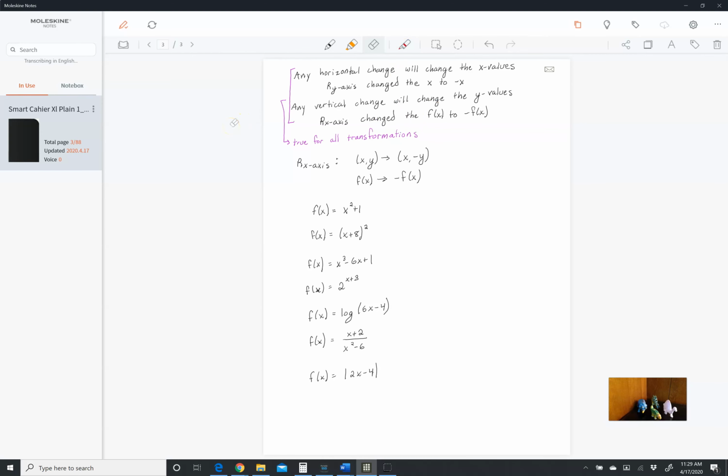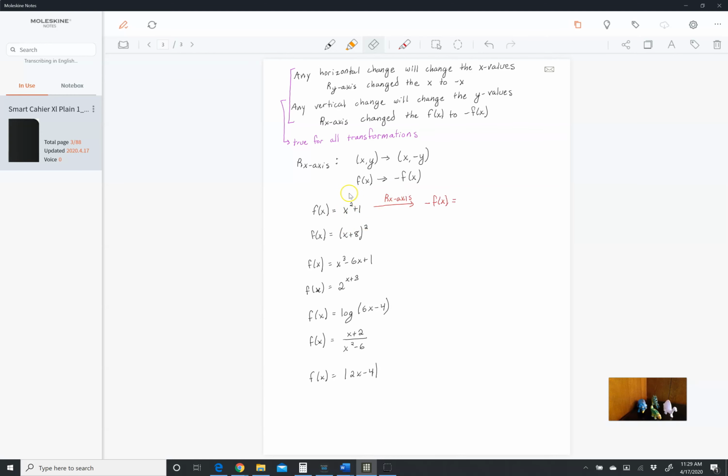Okay? So now we're reflecting in the x-axis. And notice what this means. This means take your function and put a negative in front of it. So this whole side over here is f of x.